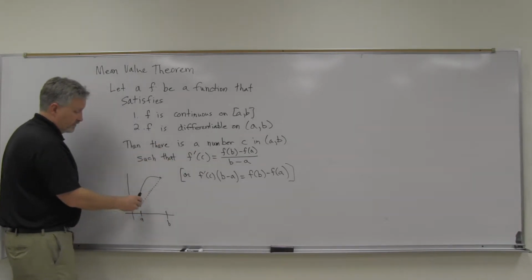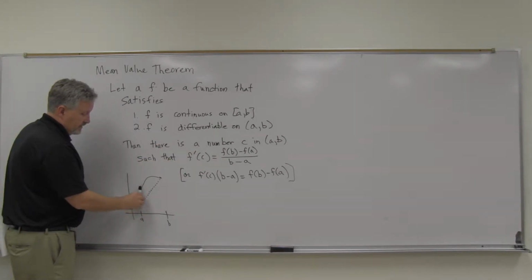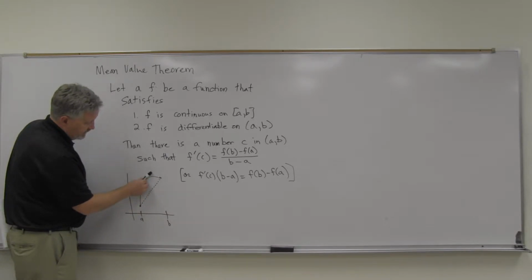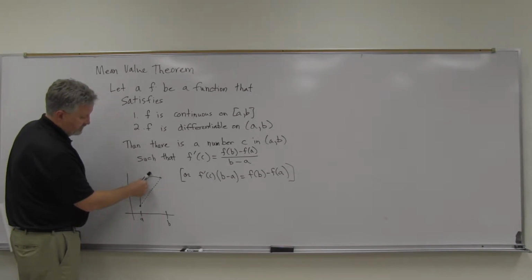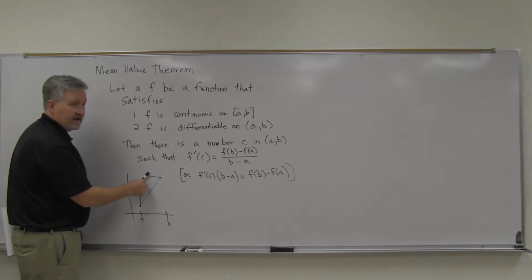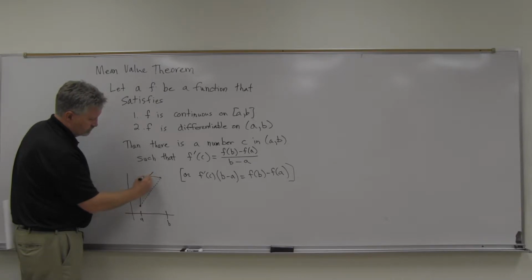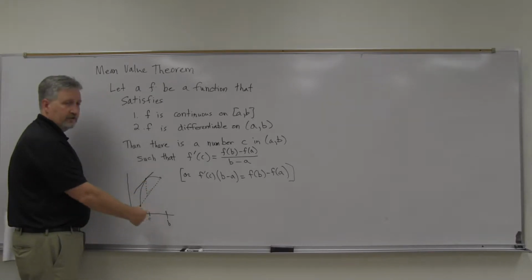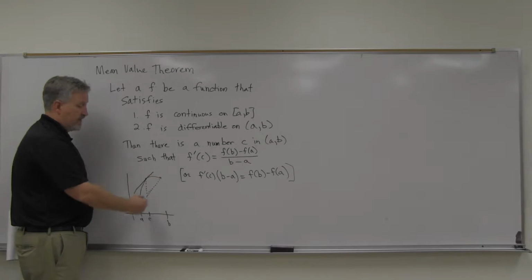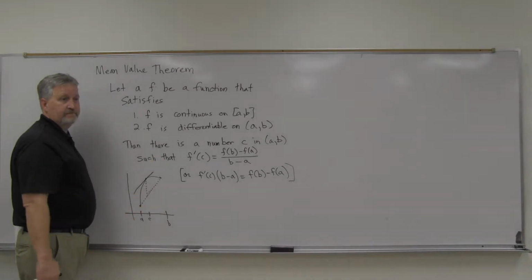If you go along here, the slopes of points along the way, at some point, right along in there, we hit the same slope as that. So this theorem guarantees that there is a c value in (a, b) where the slope matches the slope between those two points. That's what the theorem says.